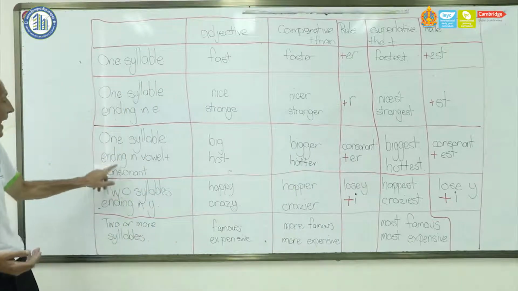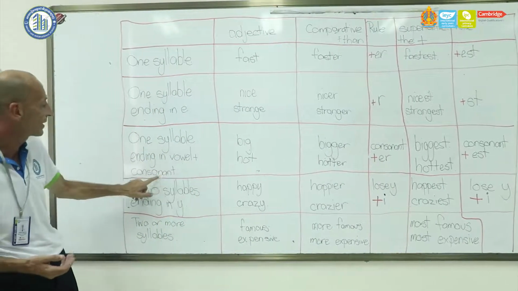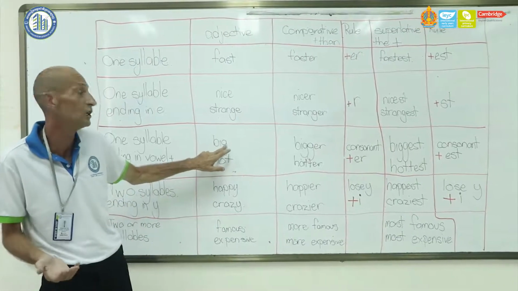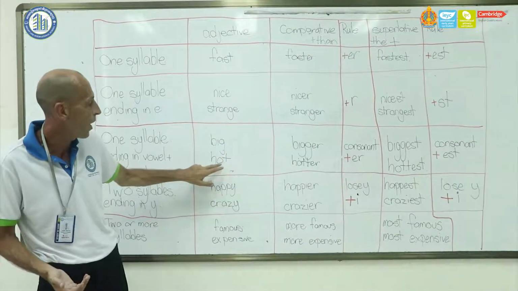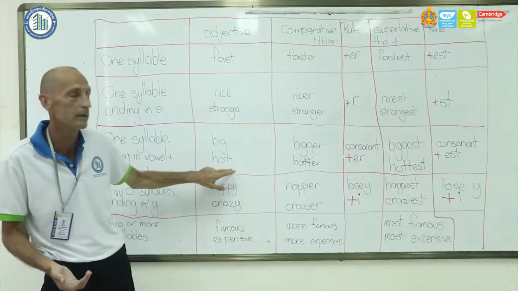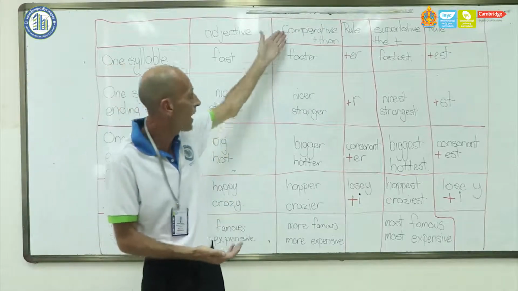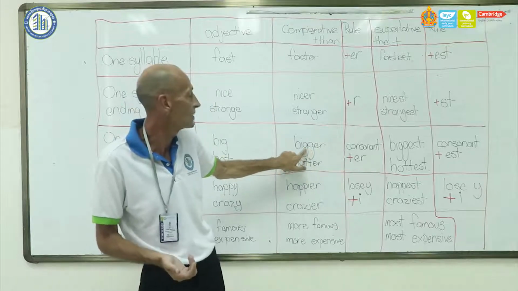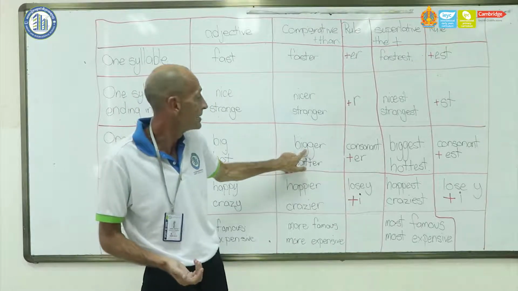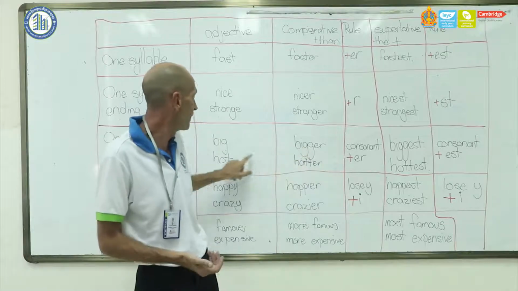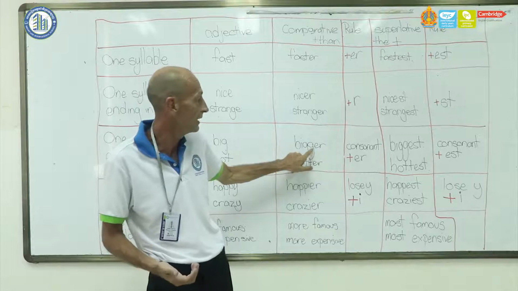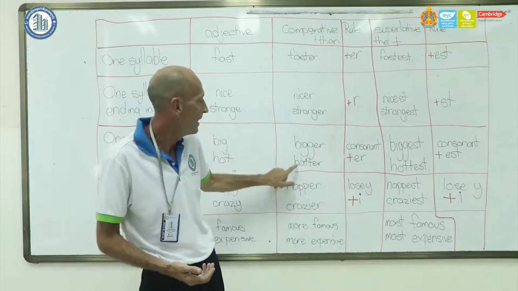Now let's have a look. One syllable ending in a vowel and a consonant. So there's our vowel I and our consonant G for big, and O and T for hot. When we're doing comparatives, we've got to add the last consonant. So big becomes bigger, and we put in a second G and then ER.